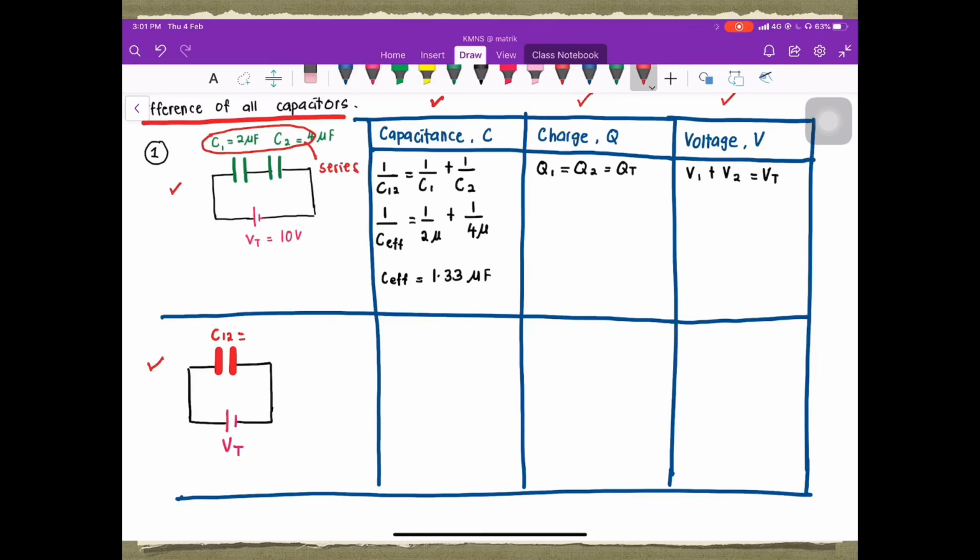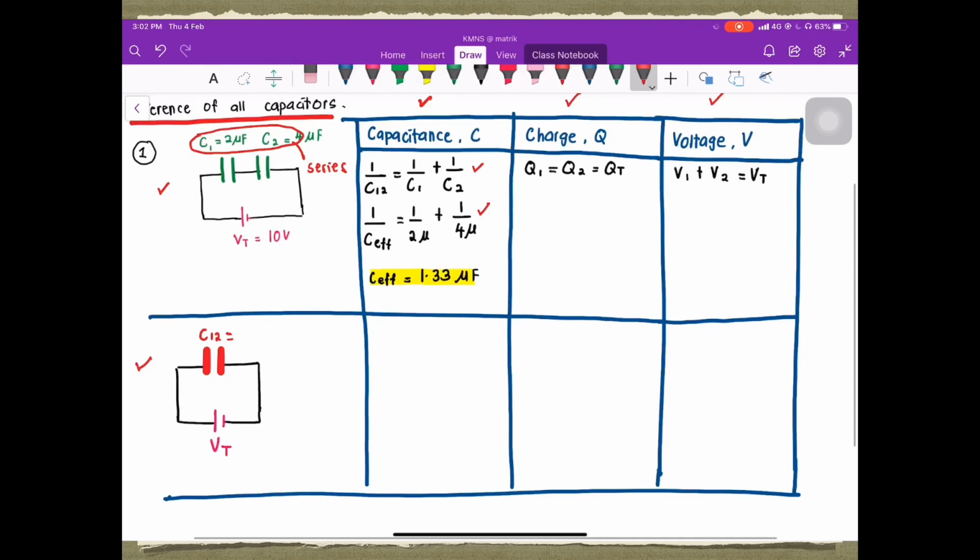How to calculate for the series combination? This is the equation. Substituting the values, we get an effective capacitance C12 of 1.33 microfarad. So we can label this diagram as 1.33 microfarad.